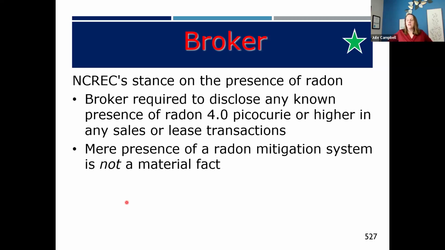Let's say you're a listing agent, you list a property for sale, the property goes under contract, and during the buyer's inspections, they learn that the radon level is 6 or 12, whatever.